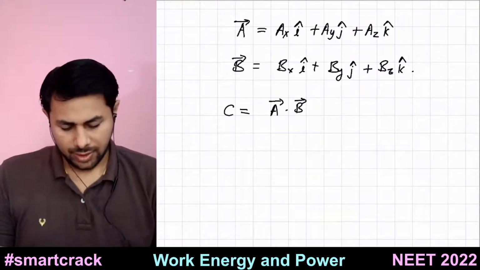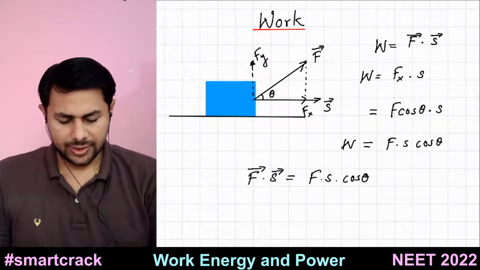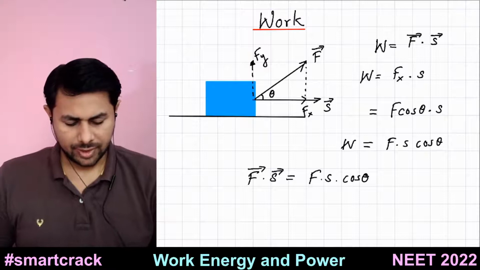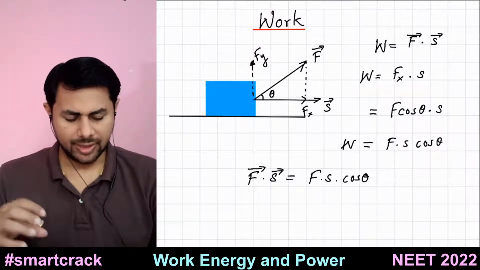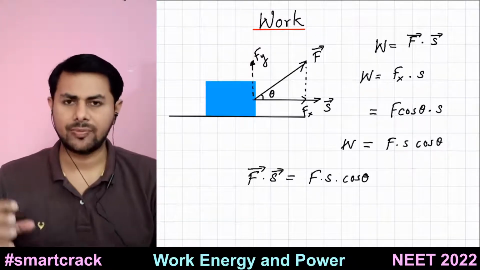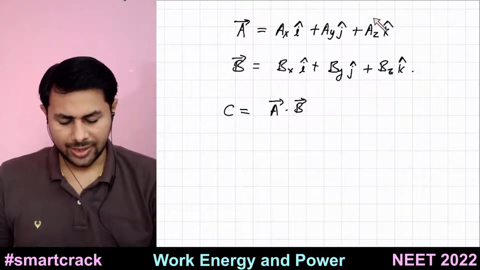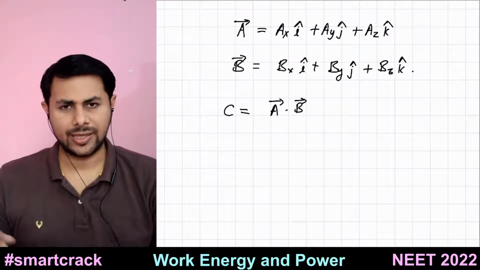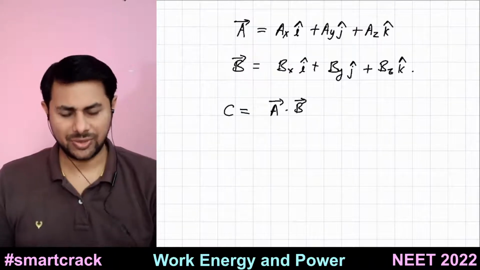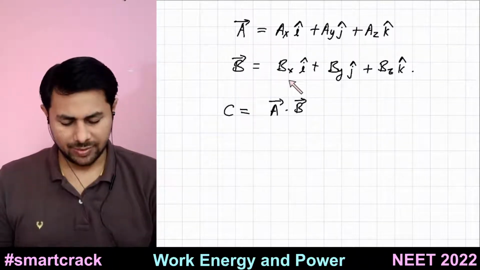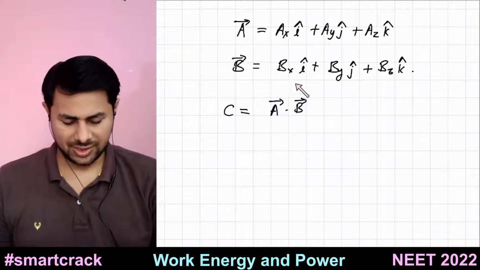Then what is dot product? It is the magnitude of the first vector multiplied by the magnitude of the second vector multiplied by cos of the angle between the two. So when you multiply a bar and b bar, a bar is ax into I cap plus ay into j cap plus az into k cap. Similarly, b bar is written in the same format.